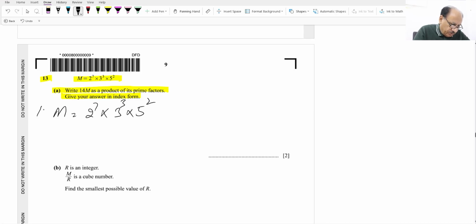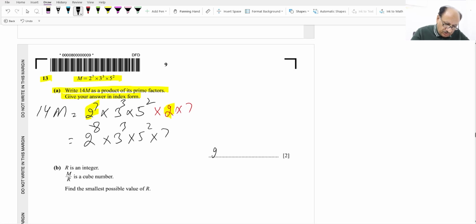Now 14m is required, so we will write here 14, and the 14 we can write as 2 into 7. And 2 we can combine with this, and we can rewrite it as 2 raised to 8 into 3 cube into 5 square into 7, and this will be our final answer. This is 2 marks.